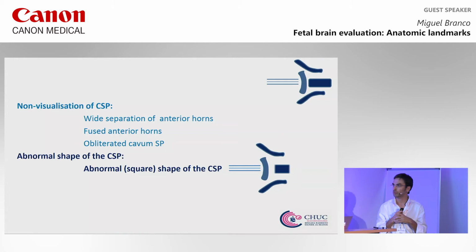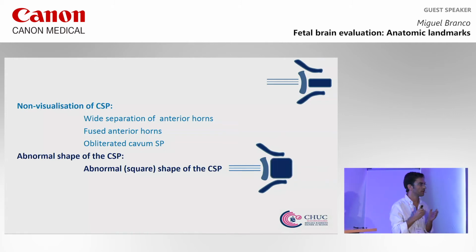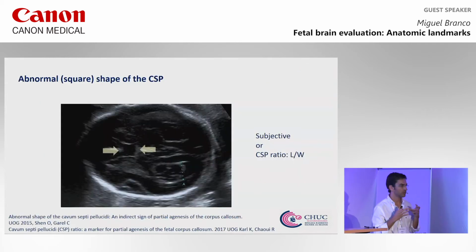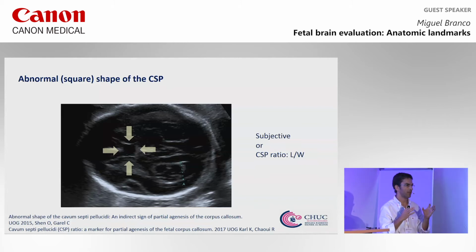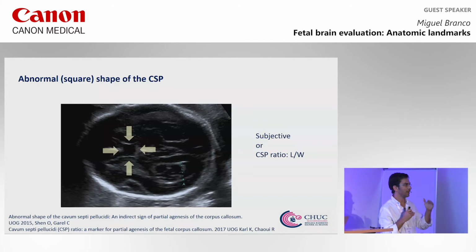Now we change topics. The CSP is present, but is abnormal in shape. In the first situation, the CSP is squarish, shorter and wider. We can have a subjective evaluation of that, shorter, wider, sometimes rounded, or we can use the ratio described by Shawi, the length over width ratio.